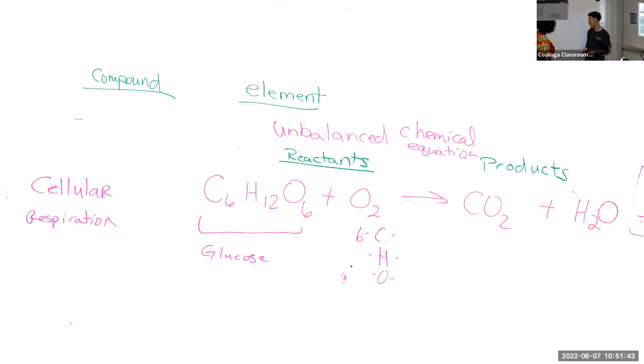We have 12 hydrogens on the reactant side. We have 8 oxygens on the reactant side. And when it goes to the product side, now let's give somebody else an opportunity. What do we have on the product side? 1 carbon. 3 oxygen.